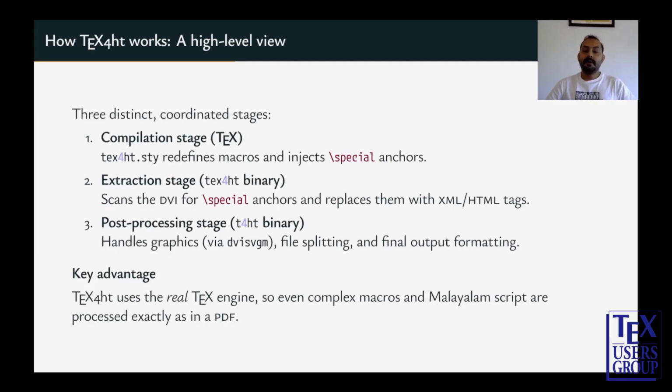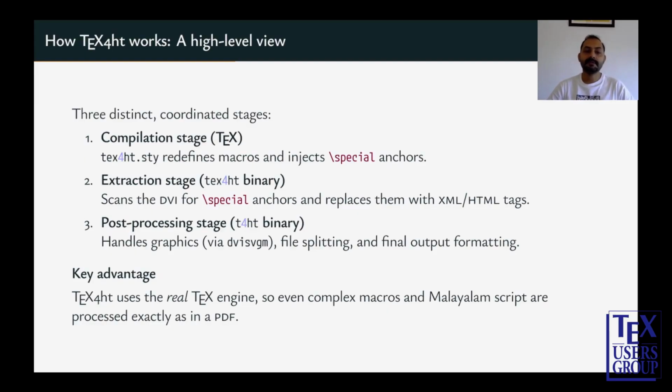TeX4ht works in 3 independent but coordinated steps. First step is to compile the LaTeX sources using TeX, which loads the tex4ht.sty package that redefines most of the macros, and in its place, it injects special anchors to the DVI output. Once the compilation is over, these special anchors can be extracted from DVI and replaced with XML, HTML, or MathML tags.